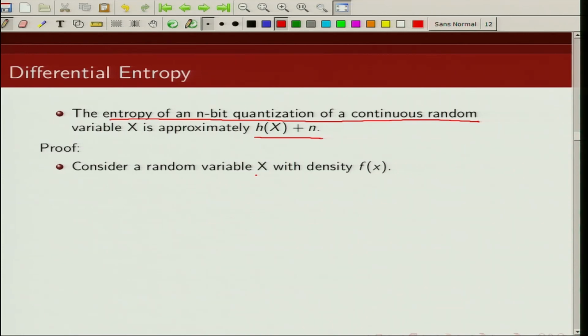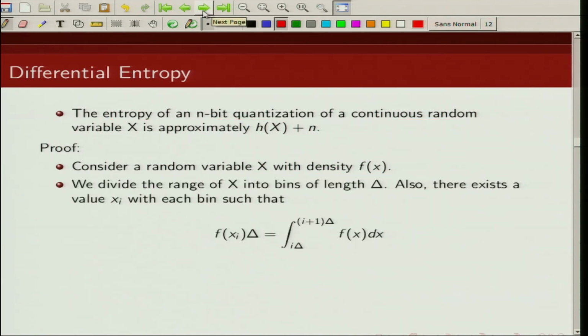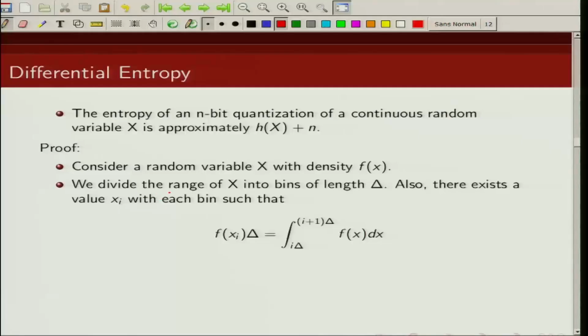So let us consider a random variable x whose density function is given by f of x. Now as we said, we want to compare the entropy of the continuous random variable with the discretized version of this continuous random variable. So we divide the range of x into bins of length delta, and from the mean value theorem we know that there exists an xi such that f of xi times delta is equal to this.